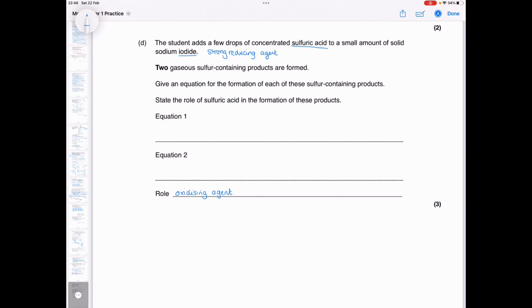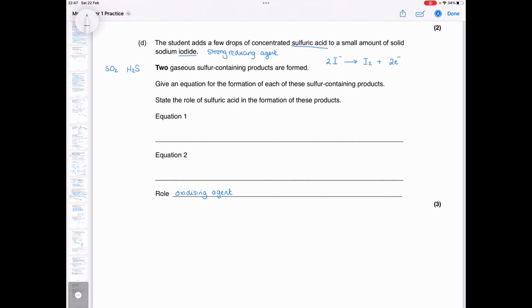So the half equation for the iodide is 2I minus goes to iodine plus 2e minus. Okay, and that's going to help us in creating these equations. The two gaseous sulfur-containing products are SO2 and H2S.